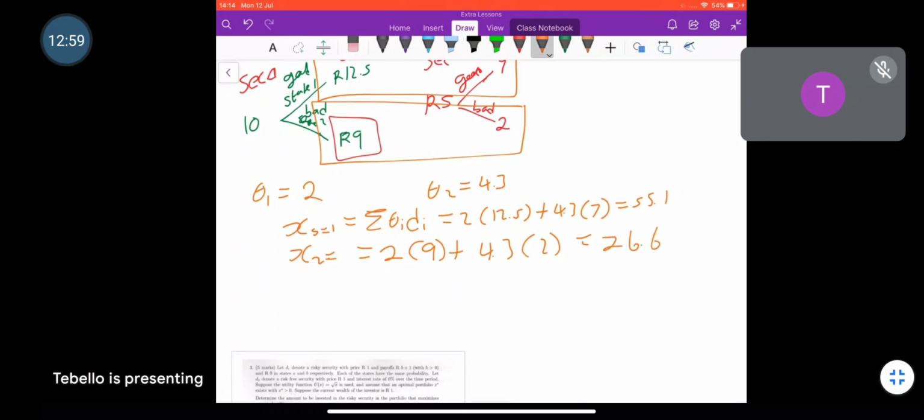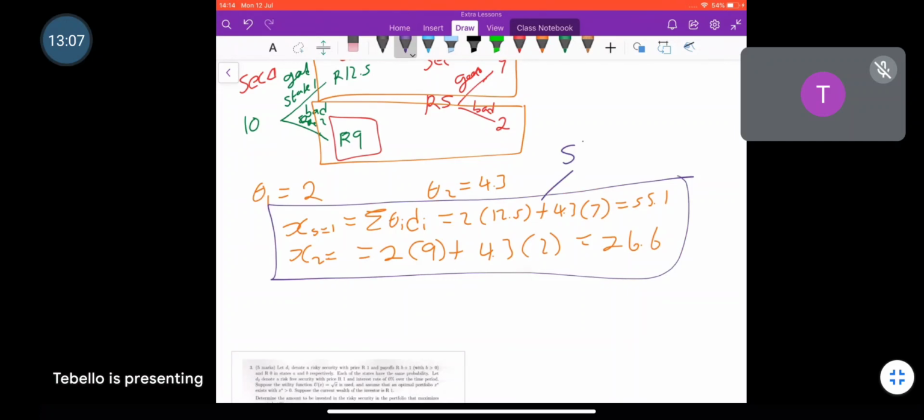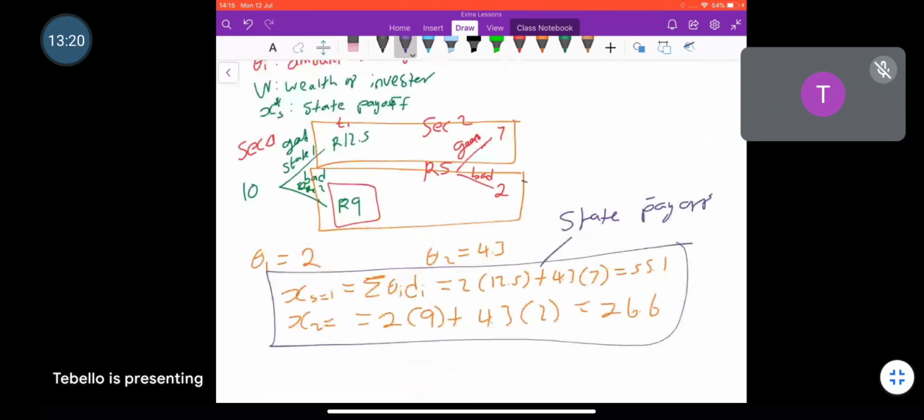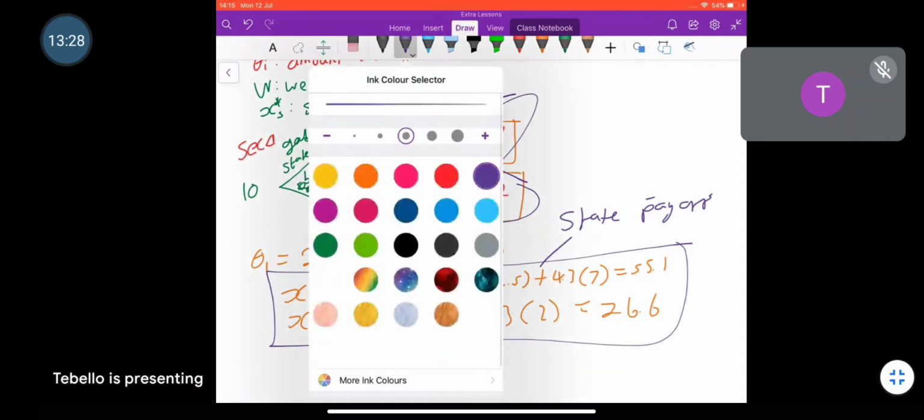So yeah, basically this is how you calculate your state payoffs. You cannot have a combination of these two. Only one state can happen, but never both of them.